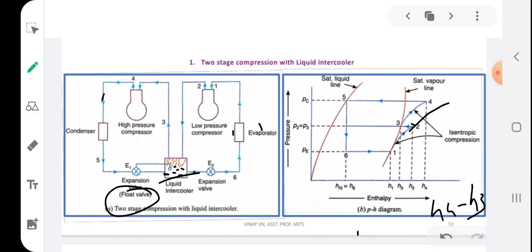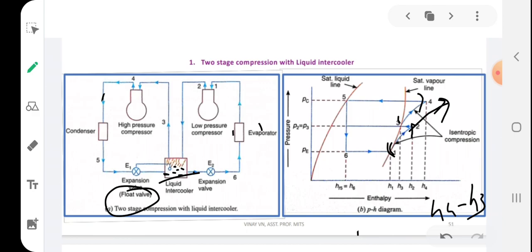So it will be like this, and this difference will be higher than this plus this. So that is the logic behind applying the intercooler, whether it is a water intercooler or a liquid intercooler. That doesn't make any difference in decreasing the compressor work.